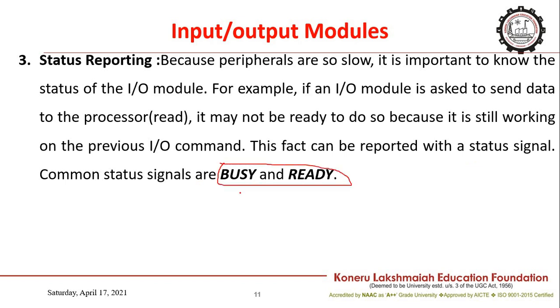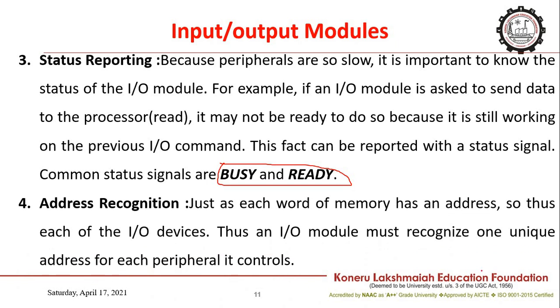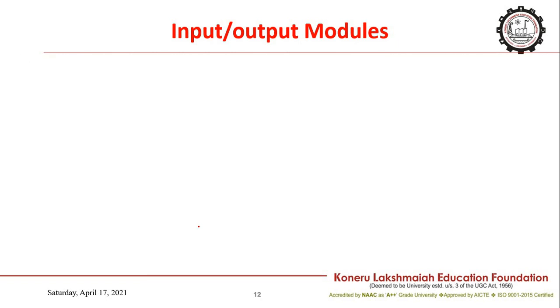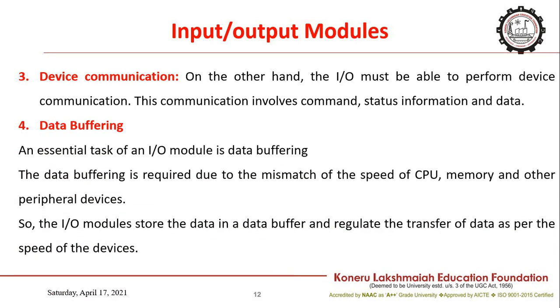This is a very basic thing. And then address recognition: it recognizes the address for every peripheral it controls. It shows how we are using this device, how much data is getting transferred and how much time it will take. It depends on that system.